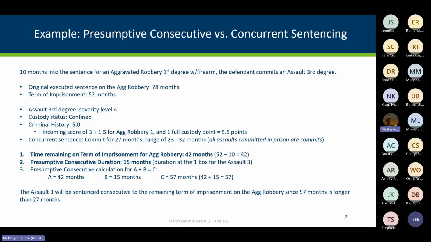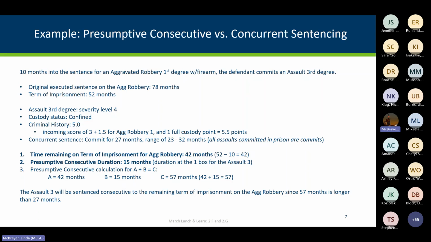So we go back and we say the term of imprisonment remaining for that aggravated robbery is 42 months. The presumptive consecutive duration for the new assault is found at a criminal history score of 1, and that's 15 months.